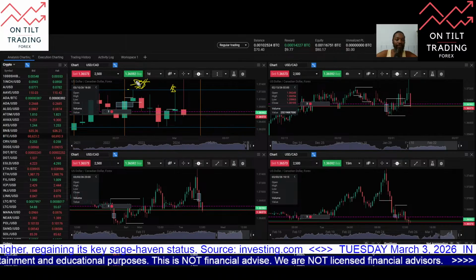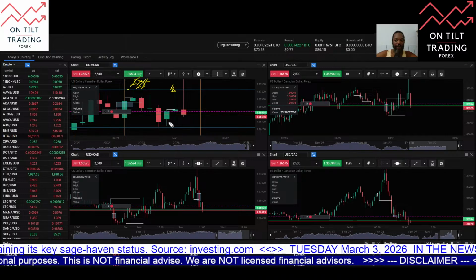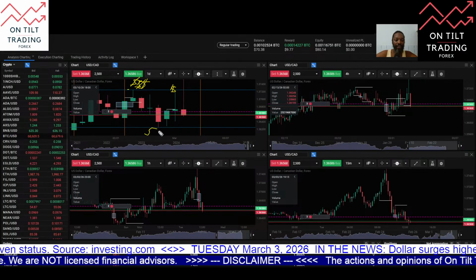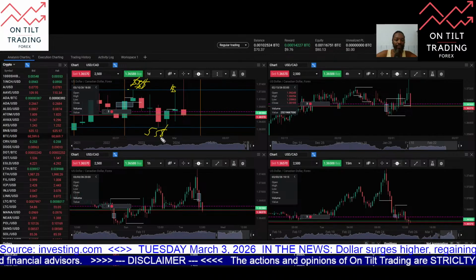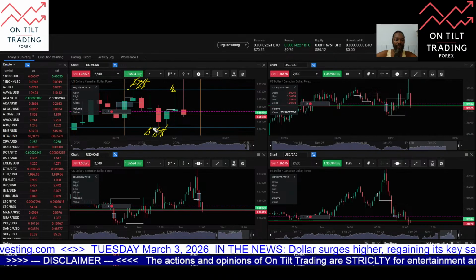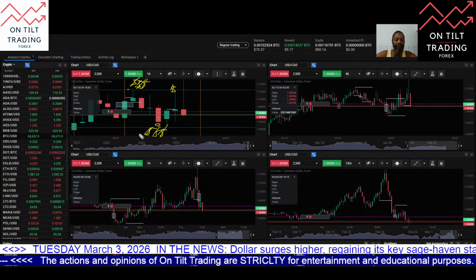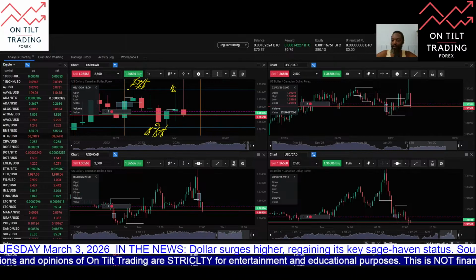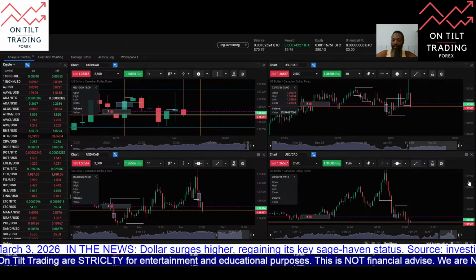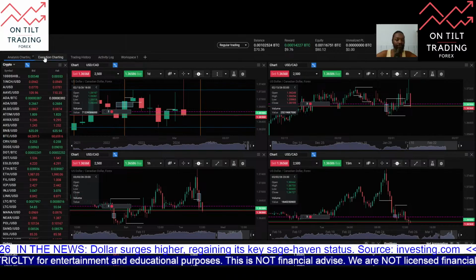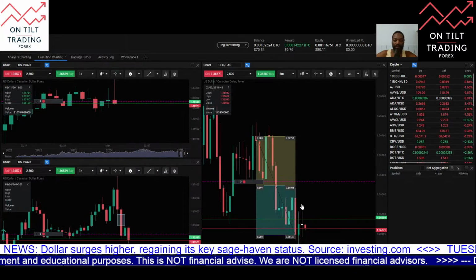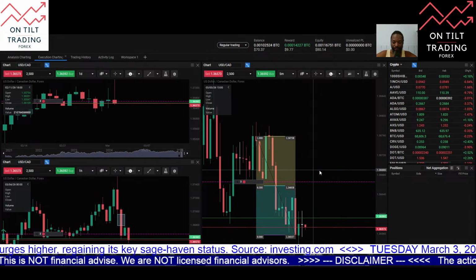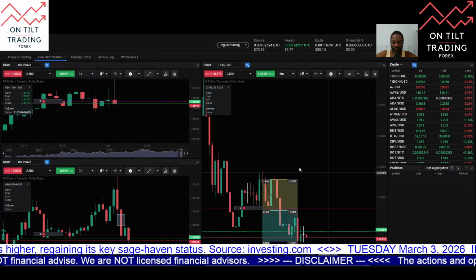So there's a high probability for price to want to sweep the sell-side liquidity resting below last week, which level would be here. So we'll see if I get an entry, and we'll see if that type of price action plays out here. Price still consolidating here back within the range.